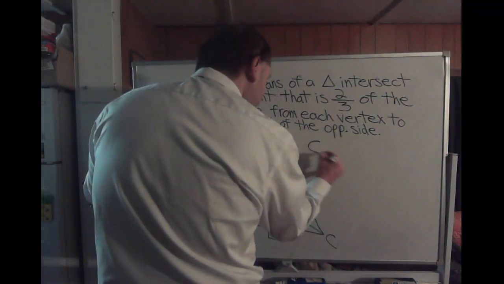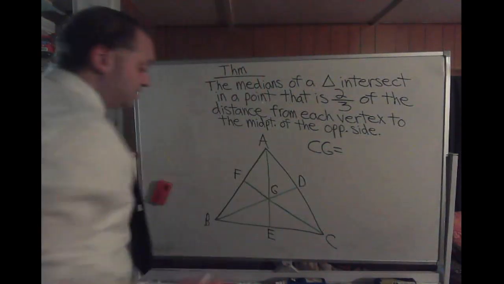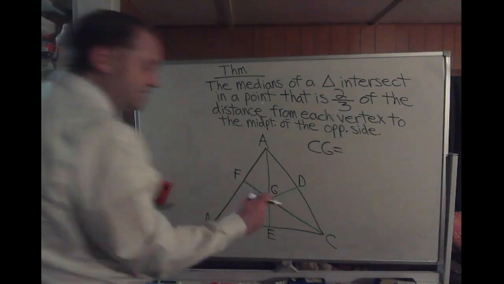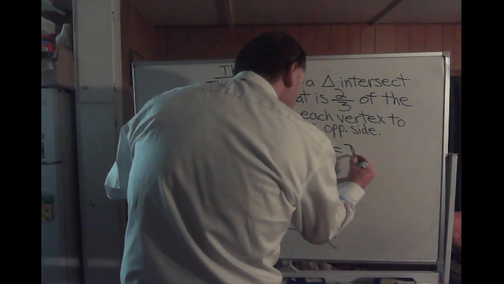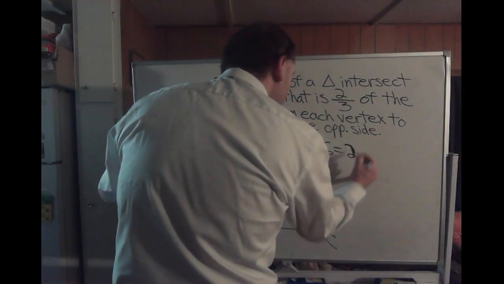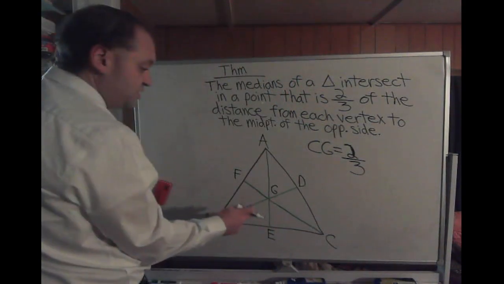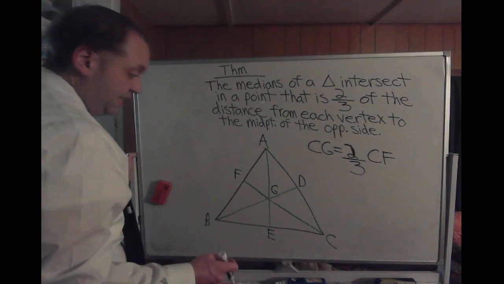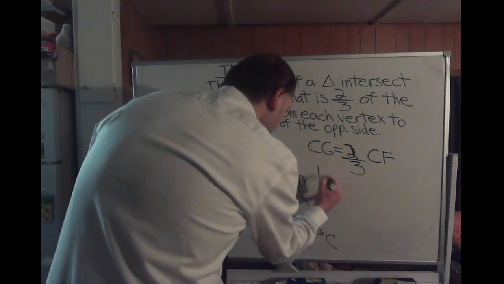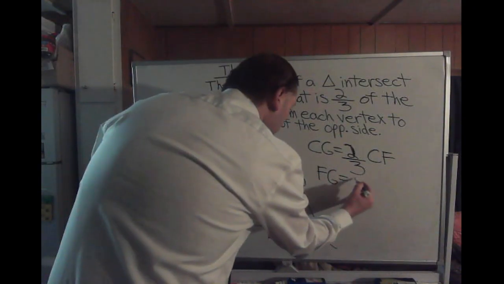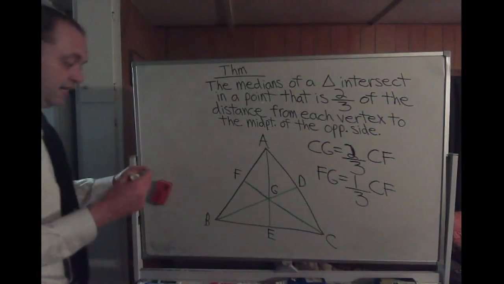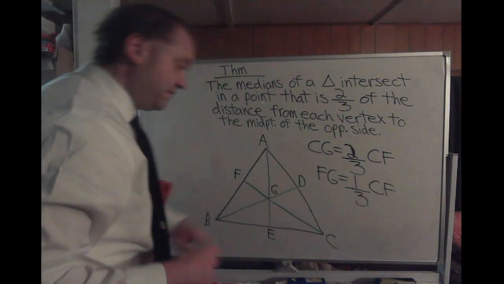Well, that means that CG, since G is 2/3 of the way from vertex C, CG is equal to 2/3 of CF, which would have to mean then that FG would be equal to 1/3 of the distance of CF. That's exactly what that would mean. FG would be 1/3 of CF.